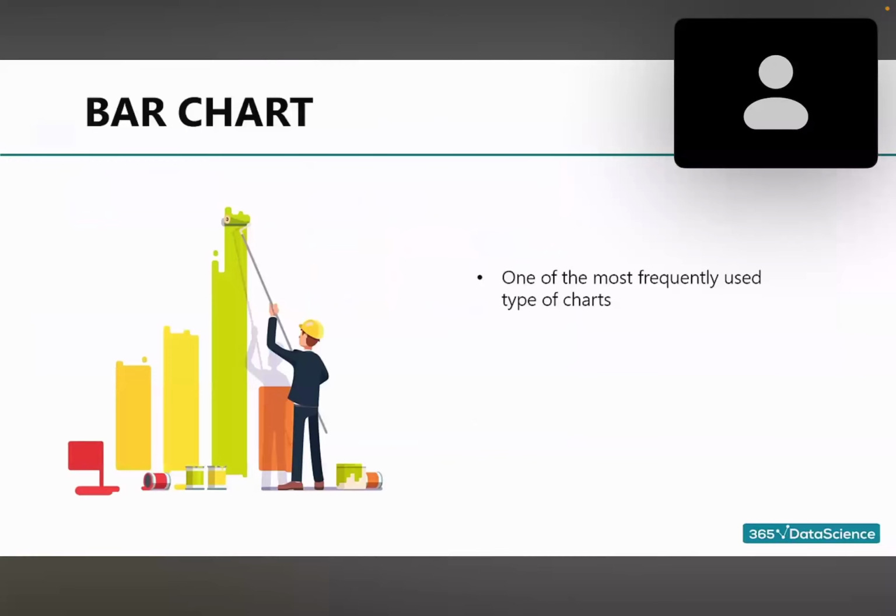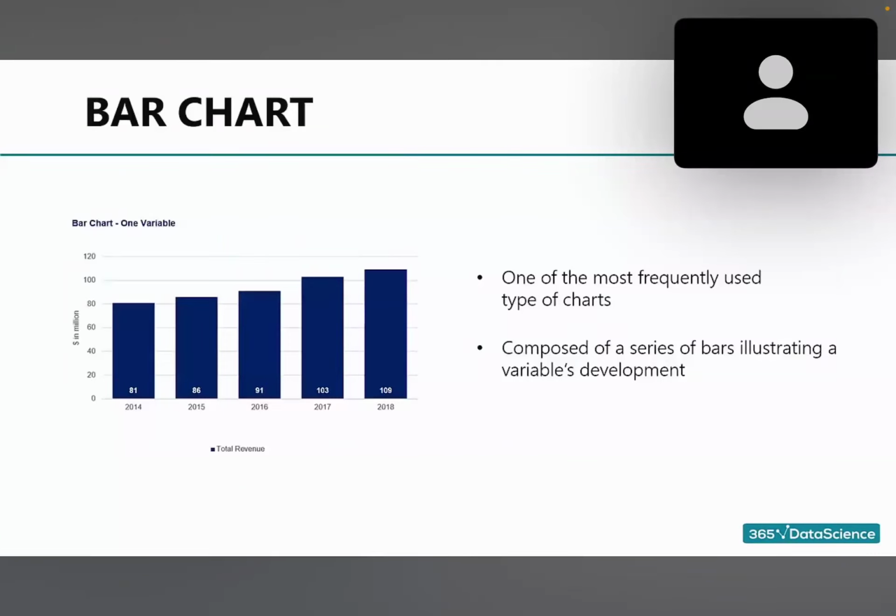Bar charts. Probably the most frequently used type of chart is the basic bar chart. As its name suggests, it is composed of a series of bars illustrating a variable's development. Given that bar charts are so common, people are generally familiar with them and can understand them easily. Examples like this one are straightforward to read.